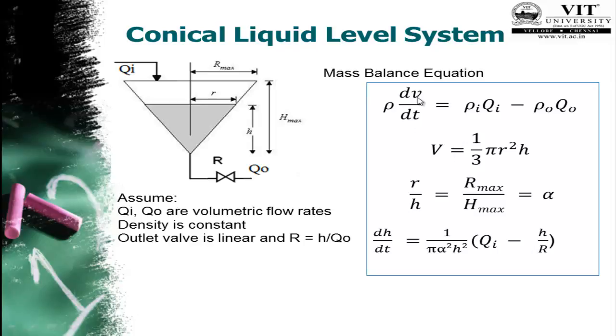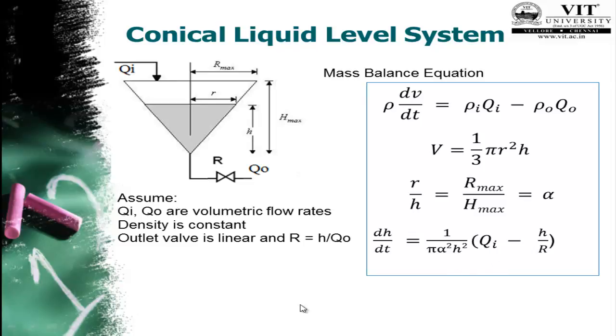If I replace this volume in the model equation, finally we'll get this nonlinear ODE: dh by dt is 1 by pi alpha square h square multiplied by qi minus h by r. Now you can identify the nonlinear terms present in this equation, and you can linearize them using Taylor series.